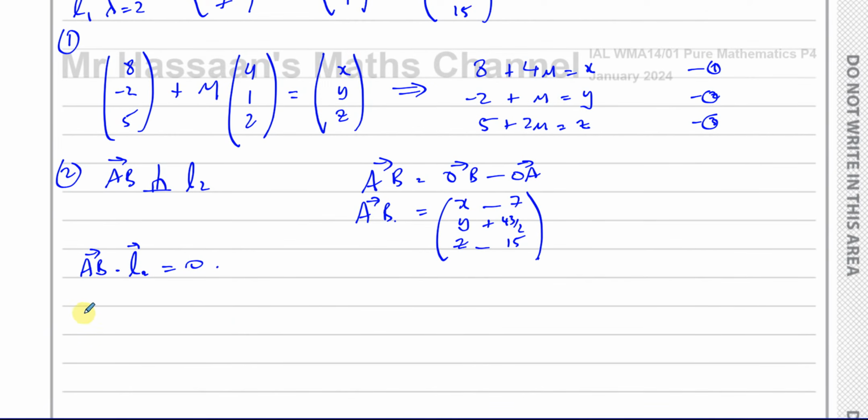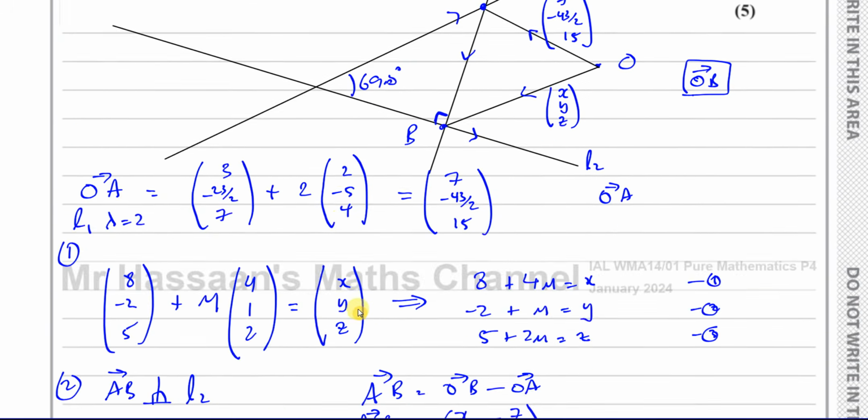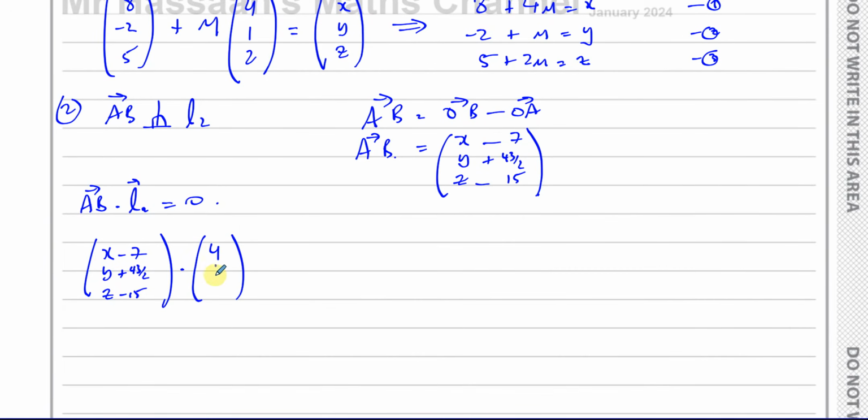So we have x minus 7, y plus 43 over 2 and z minus 15 multiplied by the direction of line L2, which is 4, 1 and 2. We know that has to equal 0 because they're perpendicular. So I can say 4 times x minus 7, plus y plus 43 over 2 times 1, plus 2 times z minus 15 equals 0.